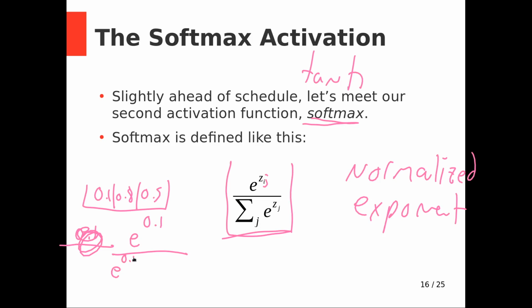This is one of them, and then the next one is e to the 0.5 over that, and then the third one is e to the 0. The second one is e to the 0.8 over this, and then the third one is e to the 0.5 over this.